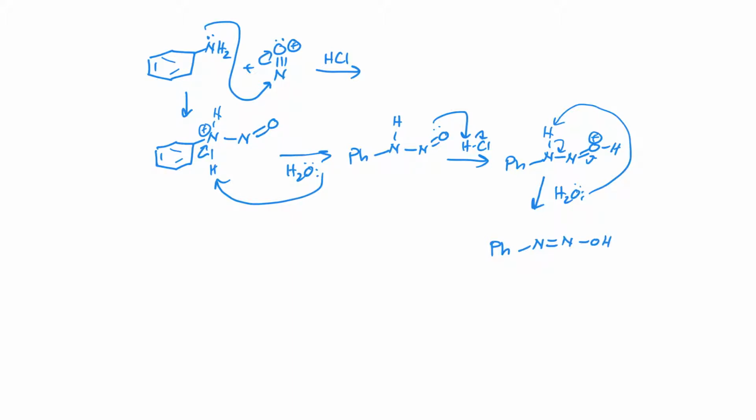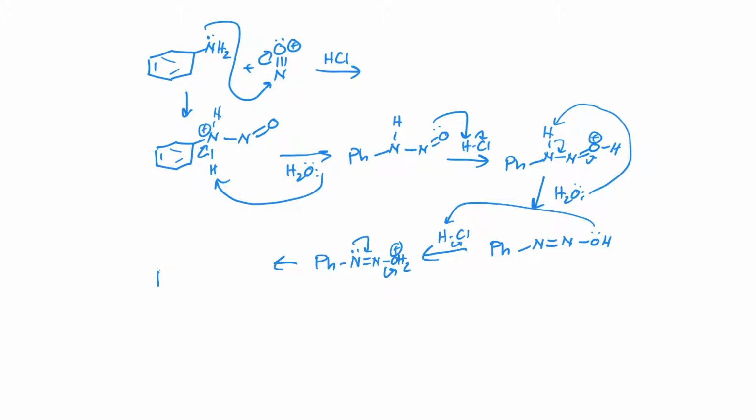And you can see that if I can create water once more, again with more HCl, I can eventually lose that water, form my NN triple bond, and I have my aryldiazonium now.